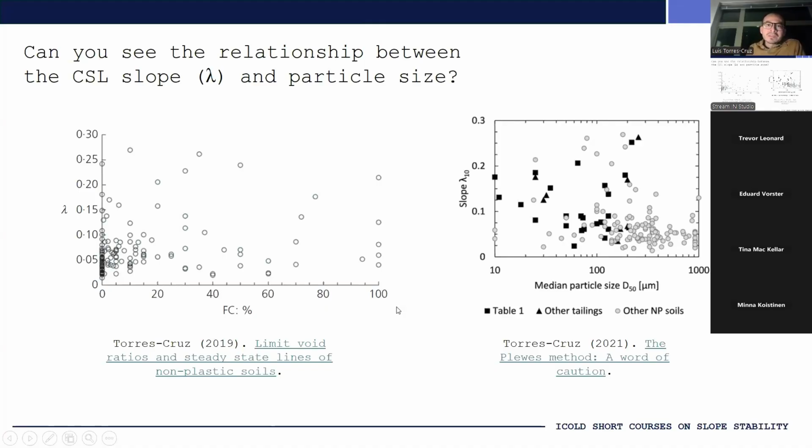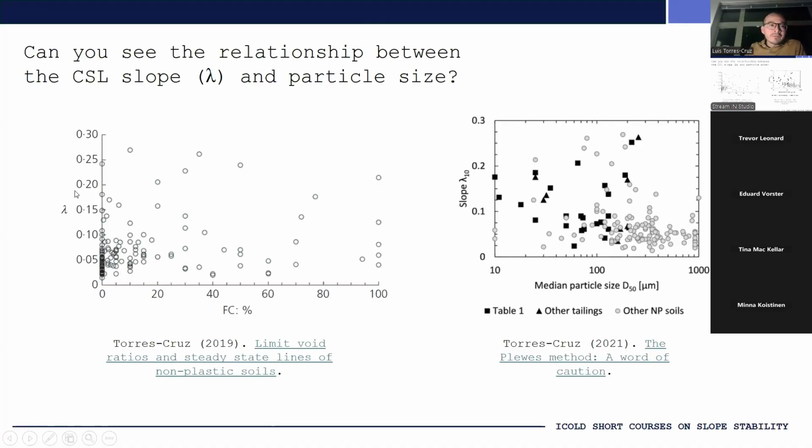But many of the tailings that we are dealing with are non-plastic. And those tailings can have a fine fraction that still does not exhibit any plasticity. So in those non-plastic tailings, the data does not reveal any type of correlation between lambda and particle size, as I am showing in these two figures.